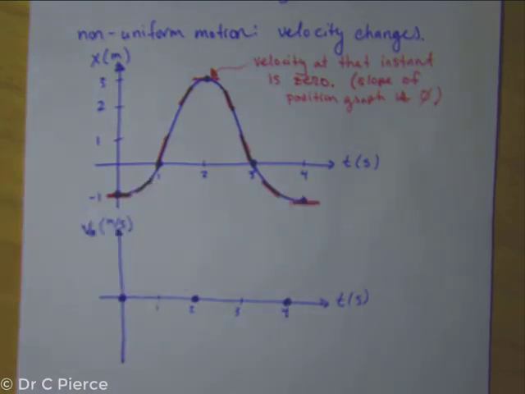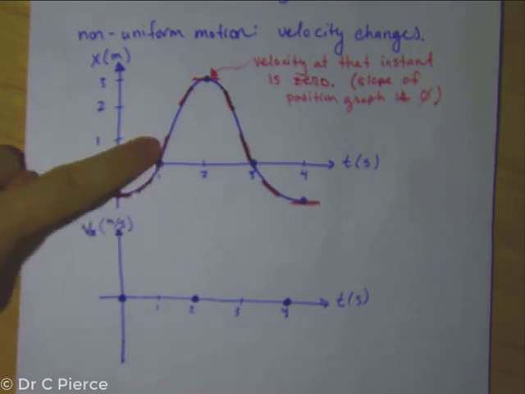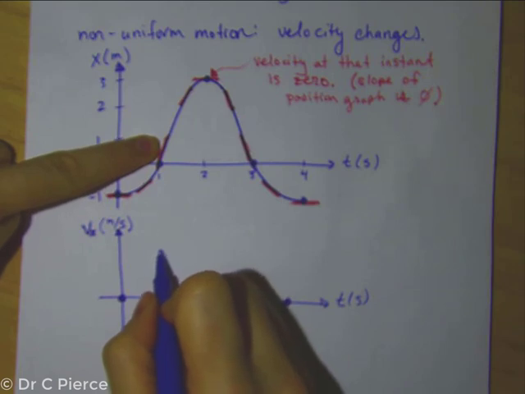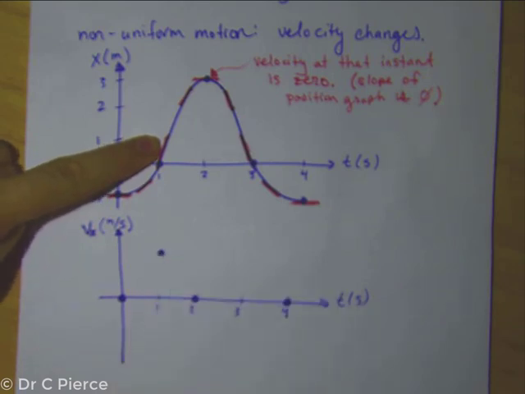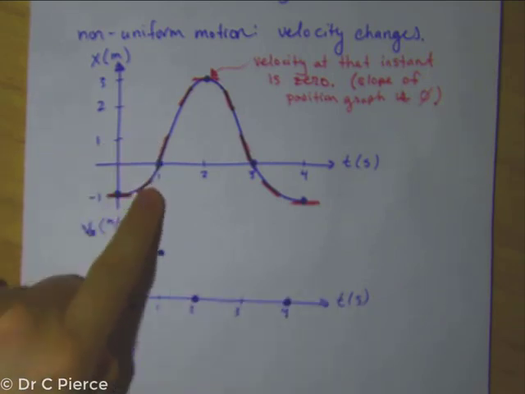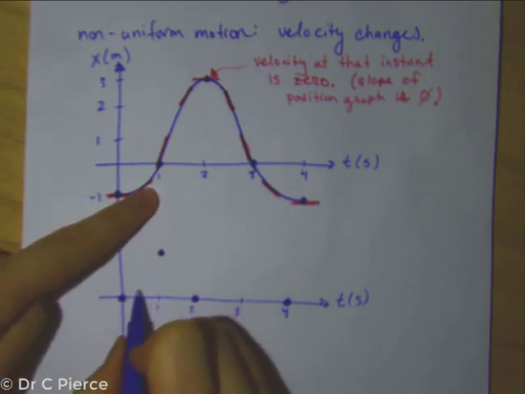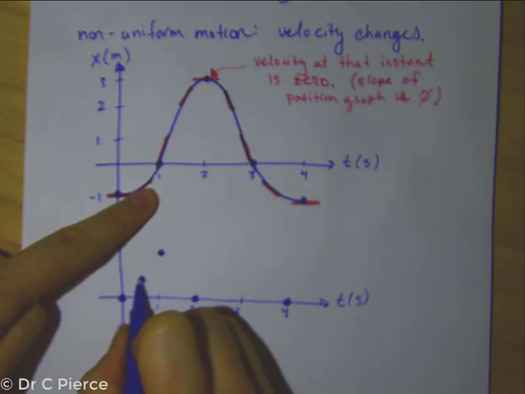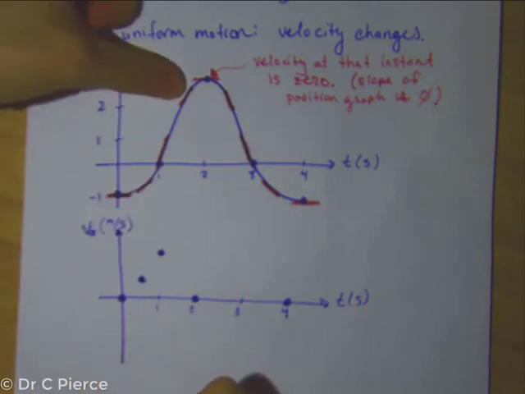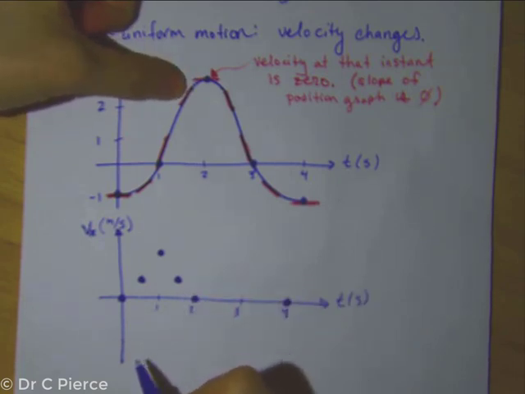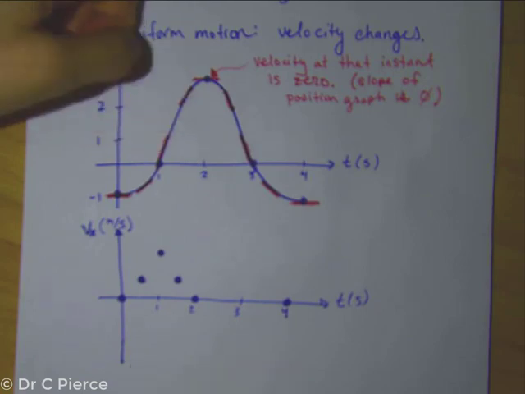Now it looked like it had maximum positive velocity at around time of 1. So I'll put a dot here. And it had weaker positive velocity at roughly time of a half. So I can put a dot here. And same thing at maybe time 1.5. It had a positive slope, but not as steep as this one.